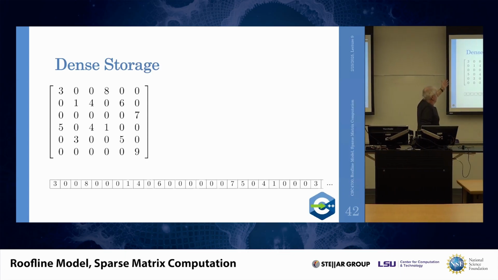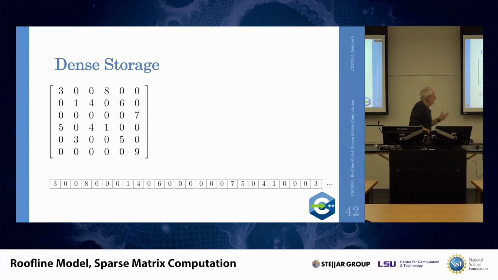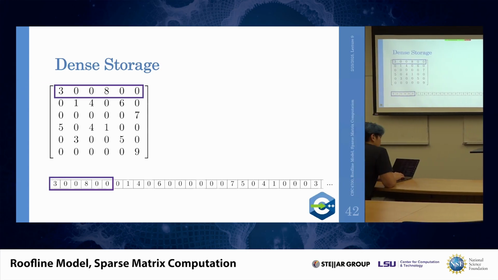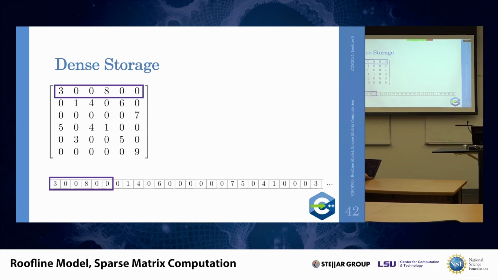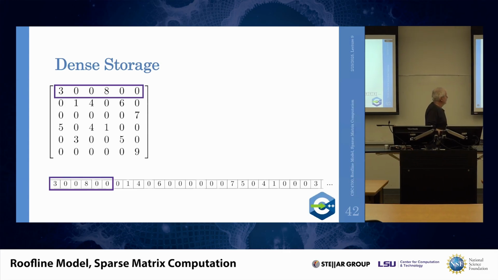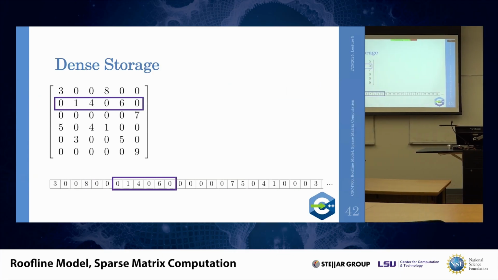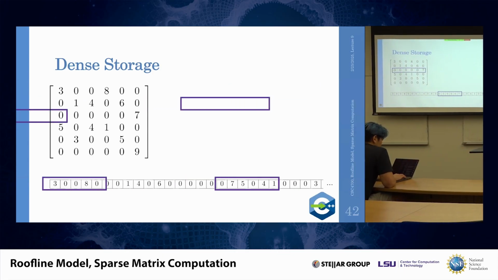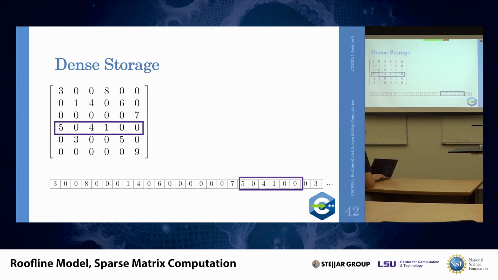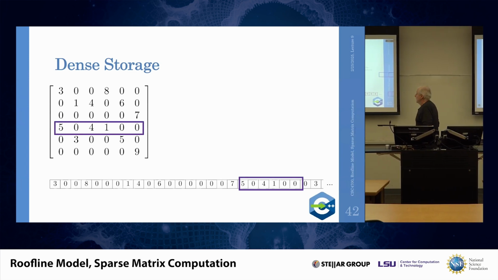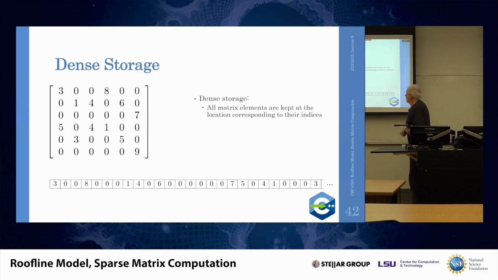So if that is our dense storage, and remember we talked about that, dense storage means you have the values, let's say in a row major order, you store it in a one-dimensional array. The second row comes after the first one, third row, fourth row, and so on. So this is our dense storage representation we have been talking about.